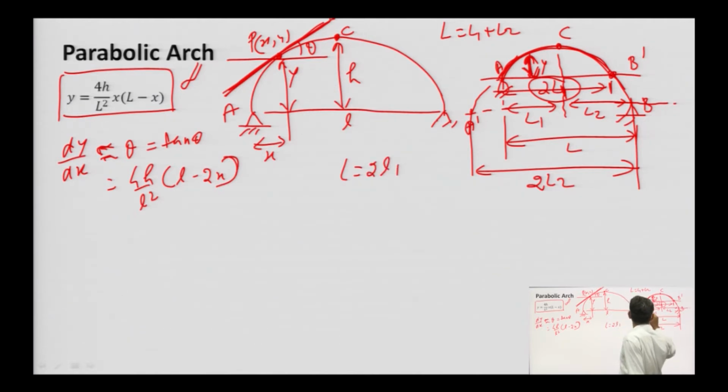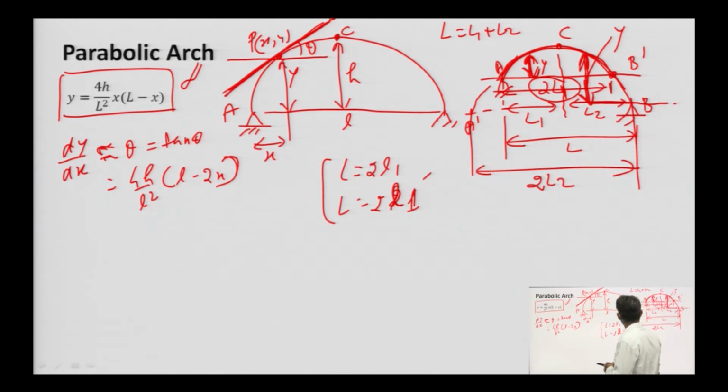If we need to find the value of y from the B side, taking origin at B, then we use L as 2 L1. L1 and L2 can be calculated.